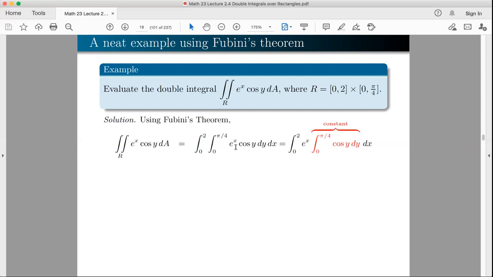So we can place the e to the x outside the inner integral. When you evaluate the inner integral, this will just be a constant because the definite integral is a real value. And since that is a constant, we can put it outside the integral.